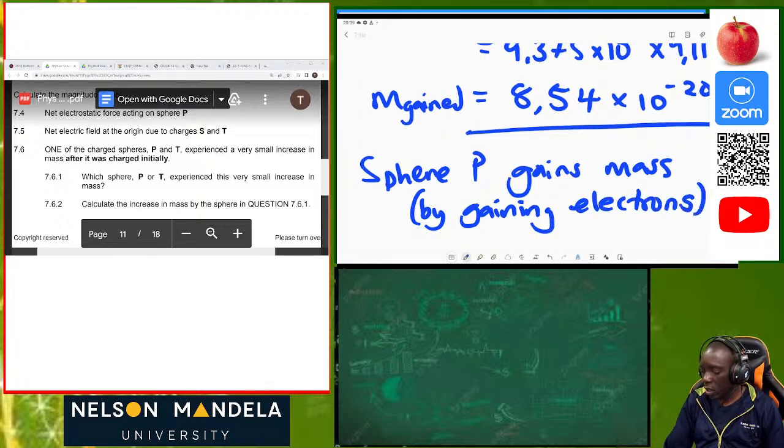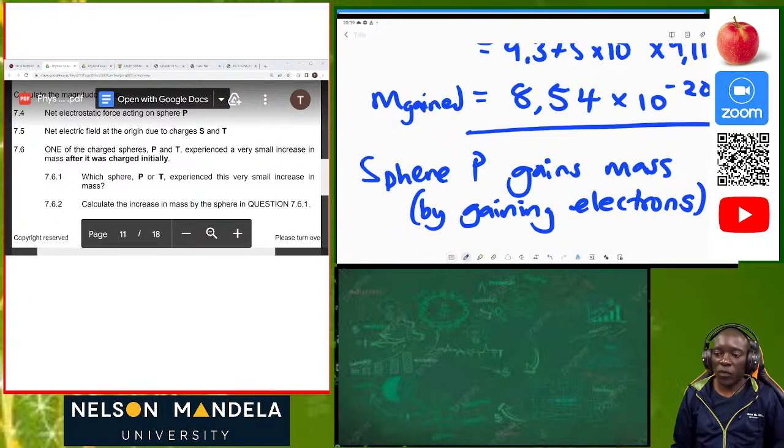So for that object which accumulates a positive charge, it is because it loses electrons. The positive charge is due to a deficiency of electrons. Electrons are removed from the surface of the object.